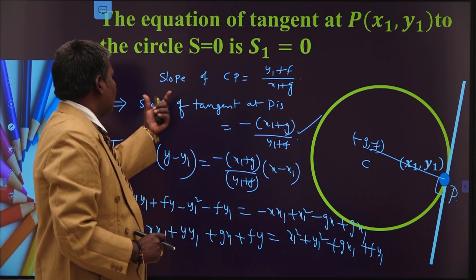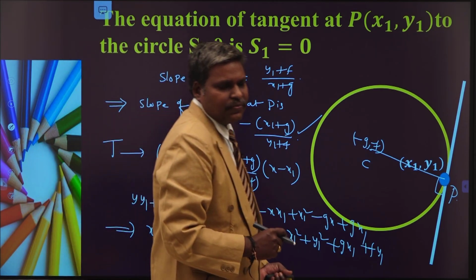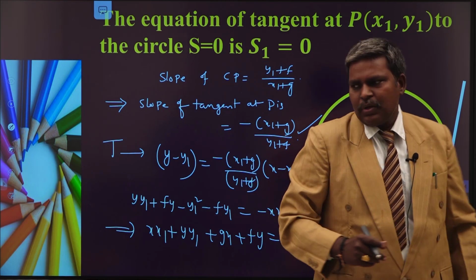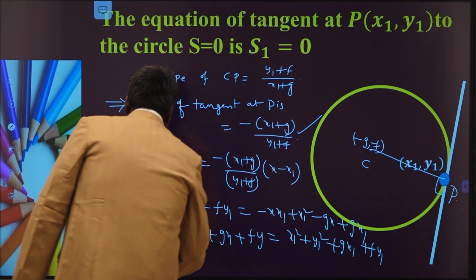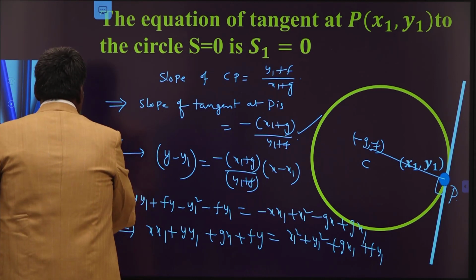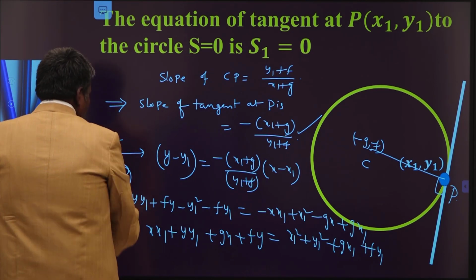To get the notation form, I am adding both sides by gx1 plus fy1 plus c. What is the term we are adding? gx1 plus fy1 plus c.